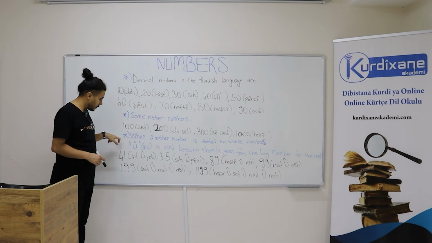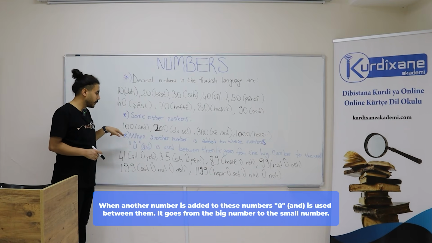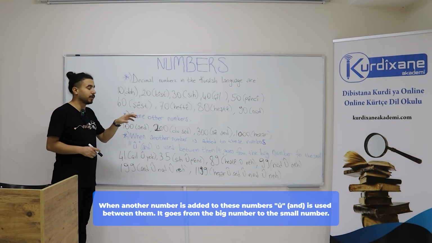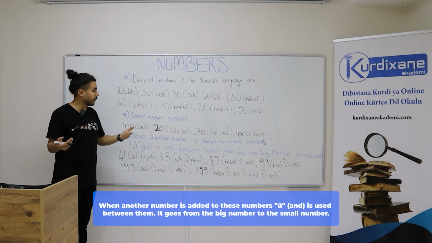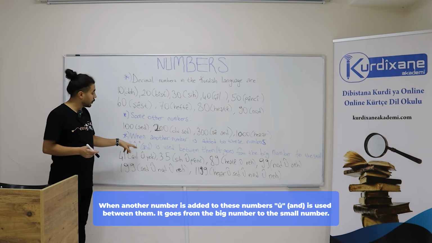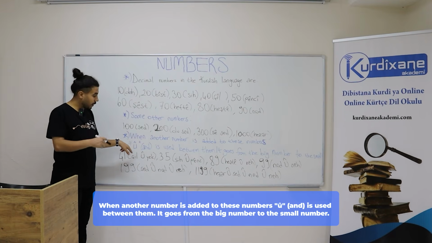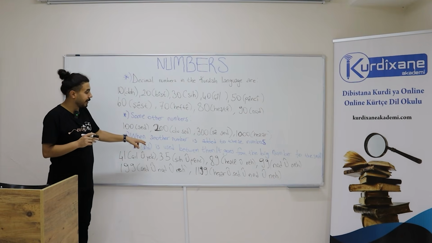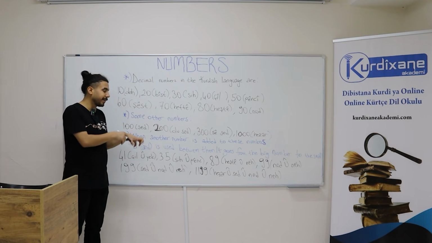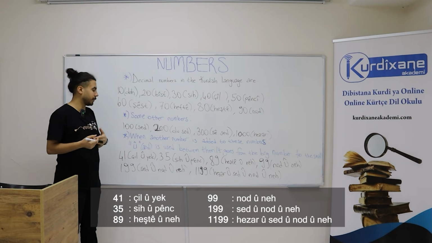So this point is quite significant. When another number is added to these numbers, so when you say 45, 52, like 67, you need to use u. U in the Kurdish language exactly means and. You need to use u between them, and you go from the big number to the small one.